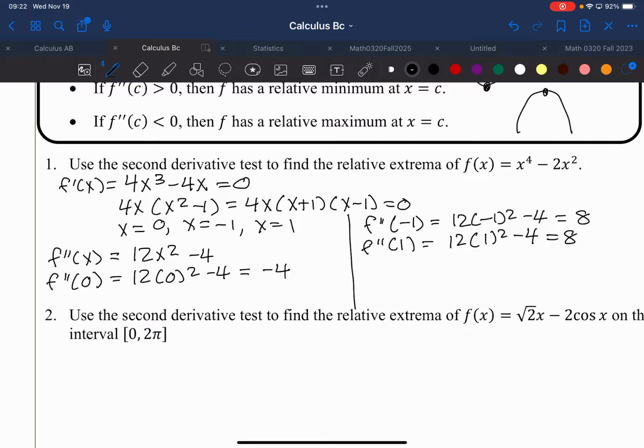Okay. So this would be our relative max at x equals 0. Okay. Since f prime of 0 gave us 0, so that's that first derivative test, and f double prime of 0 is negative. It's less than 0.